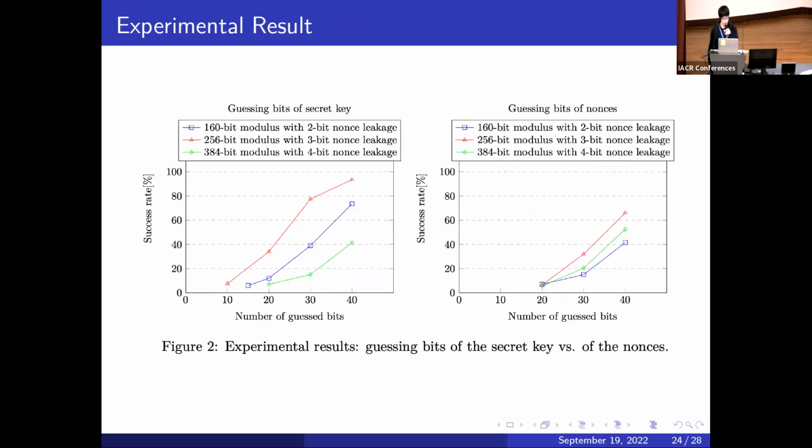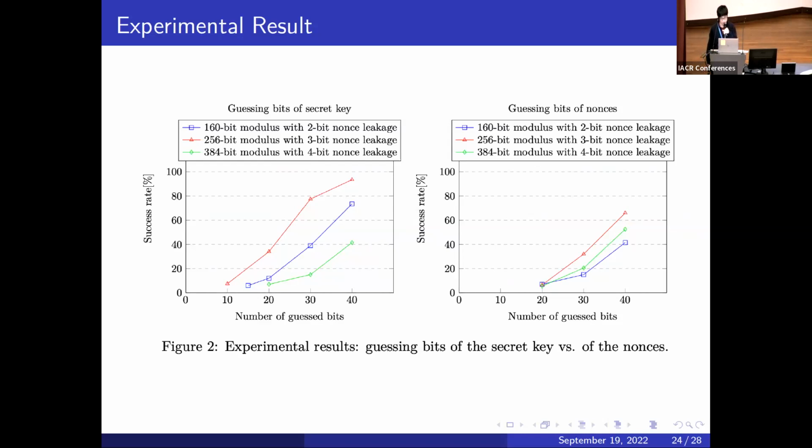And here are our experimental results. I'll briefly introduce them. Here, the left one is guessing bits of the secret key, and the right one is guessing bits of nonces. And as we can see in these figures, for example, for 256 bits with 3-bit nonce leakage, if we enumerate and guess 20 bits of the secret signing key, then we roughly get a 30% success rate.